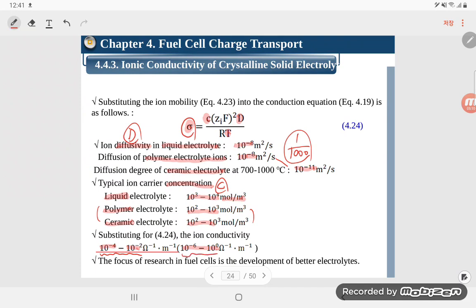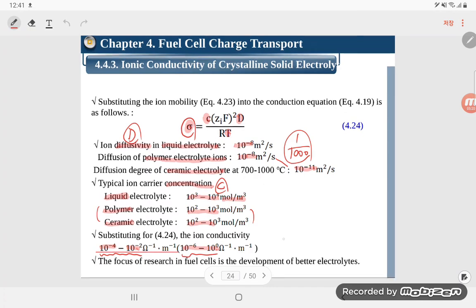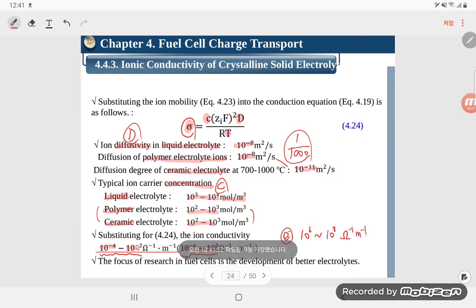And the focus of research in fuel cells is the development of better electrolytes. Because the conductivity for the electron is about in this range, we can see that the conductivity of the electron is much larger than that of the ions.